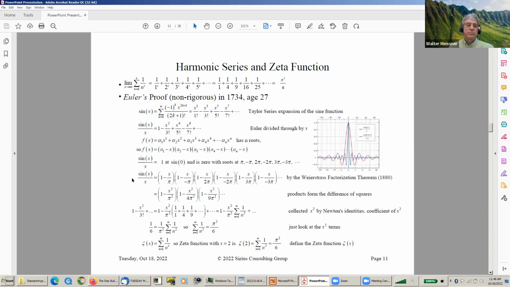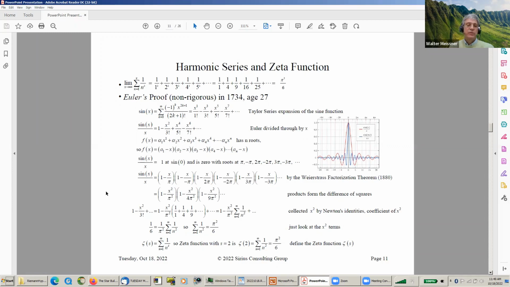And so he set up his equation, sine x over x, put the products on the right side, and he noticed that each pair of products really forms a difference of squares. So he could very easily condense this and get powers of x squared, all the way down the line.